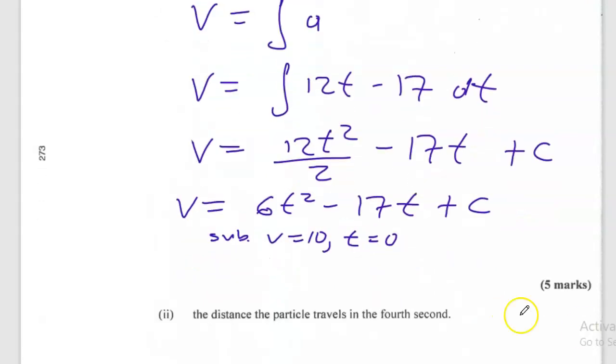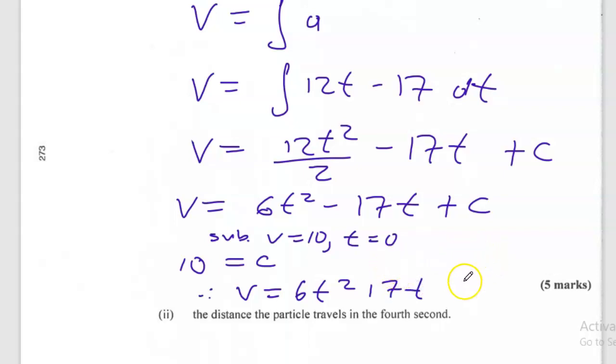And everything will be 0, so c will be 10. So therefore, the velocity here would be 6t squared minus 17t plus 10. That's a function for velocity.